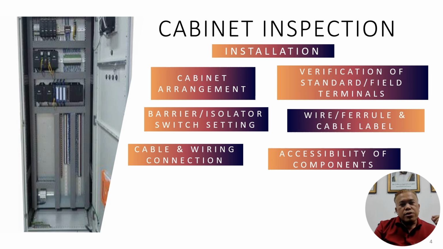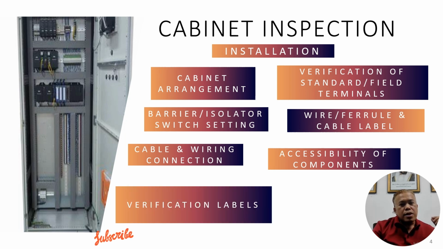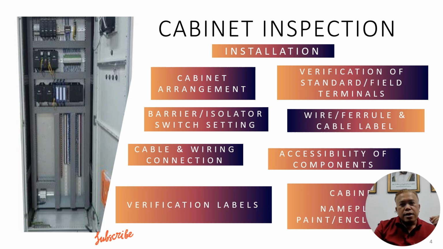Cable wiring connection, accessibility of components, verification of labels, and nameplate. Cabinet enclosure: of course, when you open the general assembly drawing, you can see clearly what the nameplate is, what the tag is. The enclosure is fixed, no damage, the painting is correct, the labels inside and out are correct, group markers, terminal numbers. You need to check each of the components, that everything is there.